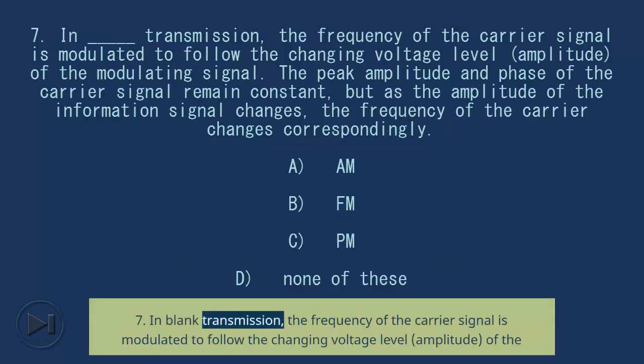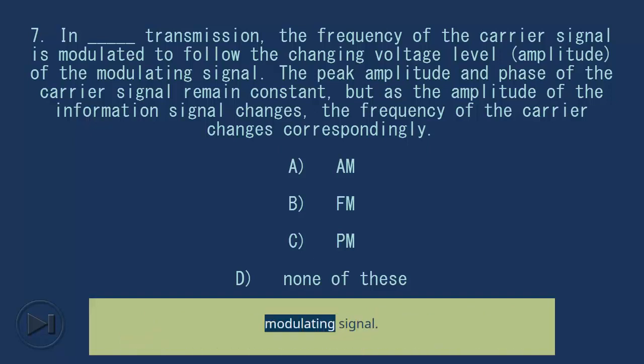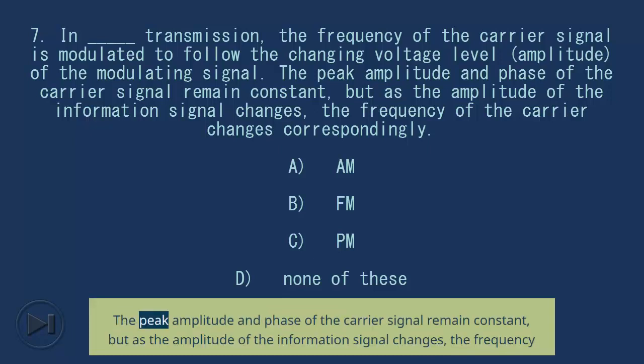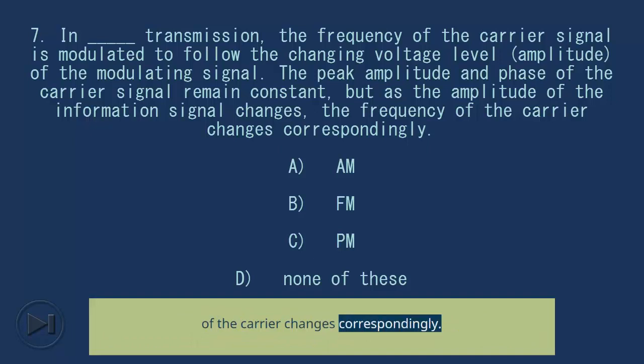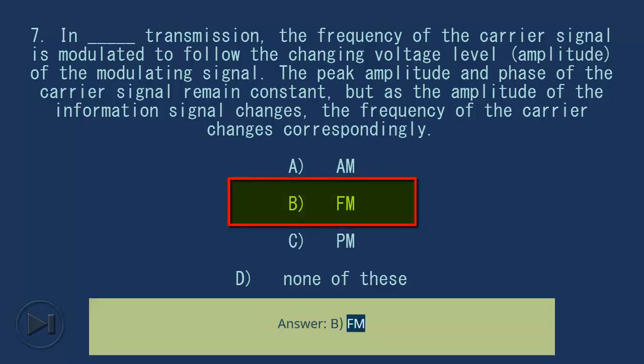In blank transmission, the frequency of the carrier signal is modulated to follow the changing voltage level, amplitude, of the modulating signal. The peak amplitude and phase of the carrier signal remain constant, but as the amplitude of the information signal changes, the frequency of the carrier changes correspondingly. A. AM. B. FM. C. PM. D. None of these. Answer, B. FM.